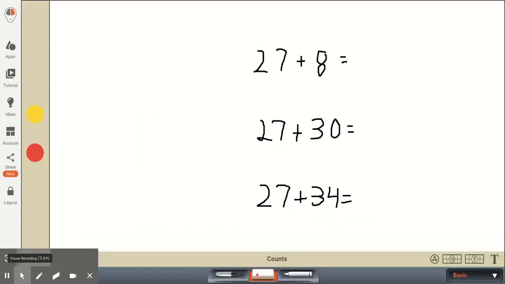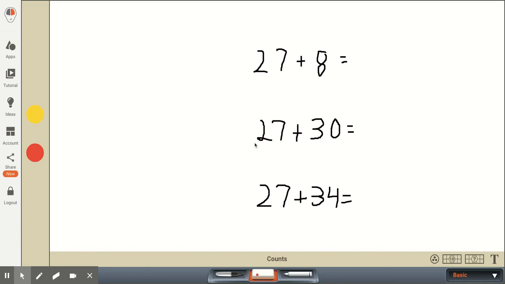The standard that we're going to look at in this video is adding within 100, and we'll be using 3 different examples. One will be using a 2-digit number and adding that with a 1-digit number. Another will be using a 2-digit number and adding it with a multiple of 10.